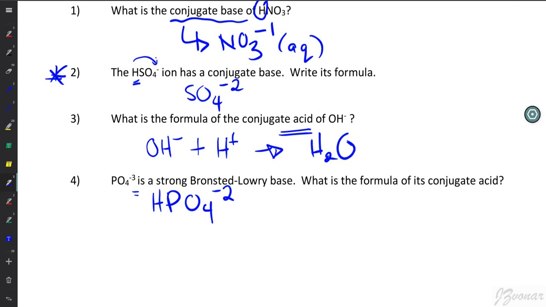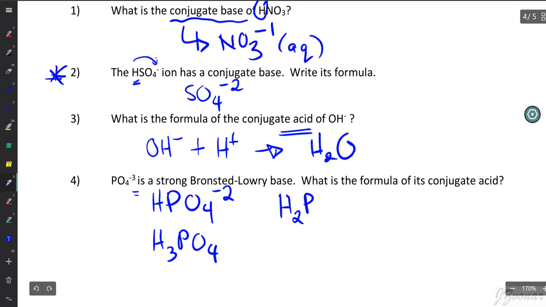Or if we want to add additional ones, we can say that it is H3PO4, okay, or H2PO4 -1. Okay, so if I add two of them, it's going to have a charge of -1, but if I add three, it's going to be neutral.